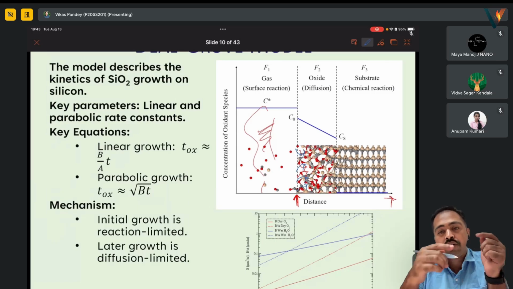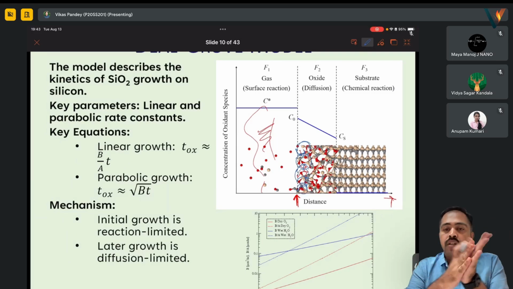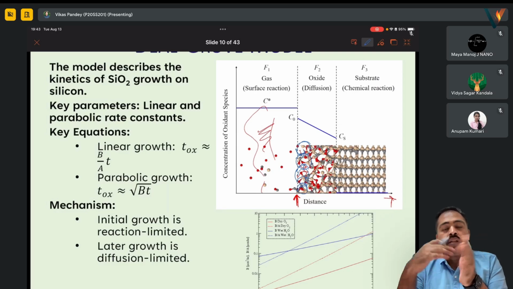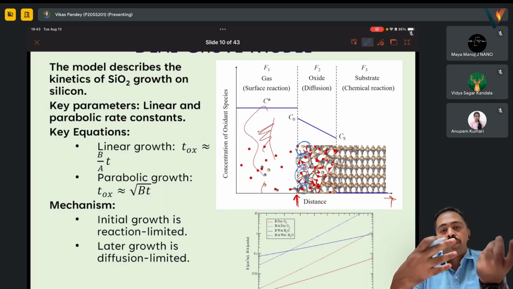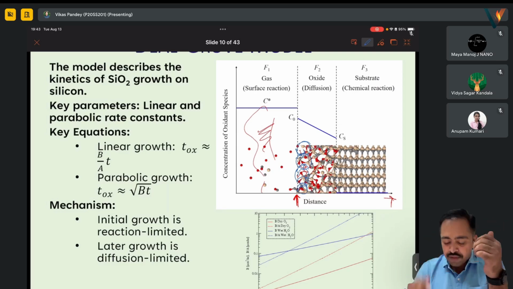That reaction will occur and SiO2 will be formed. So the top layer is converted to SiO2. Then the next batch of the precursor gases will come, and then they will have to diffuse inside. They will go inside and do the reaction, and as such the process will continue.